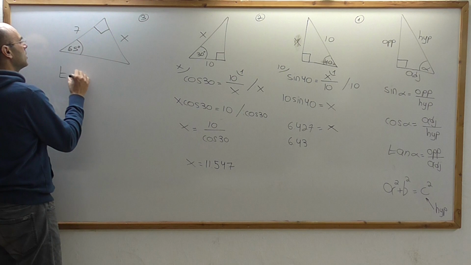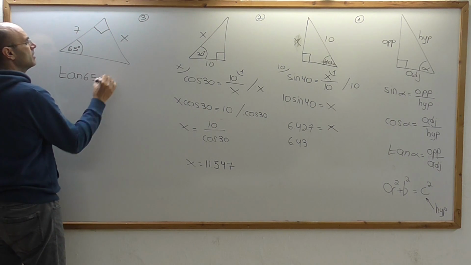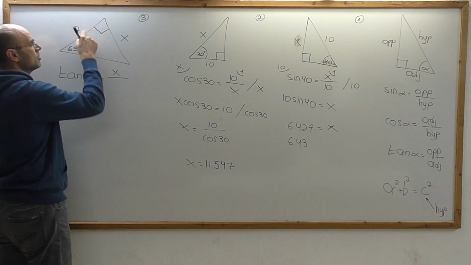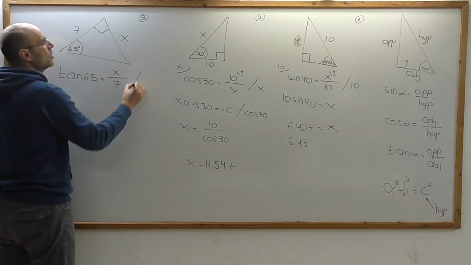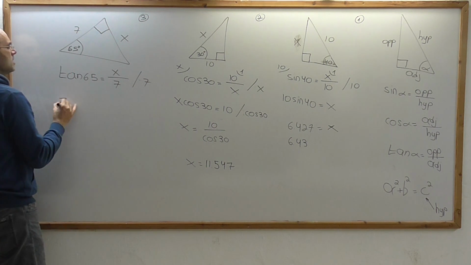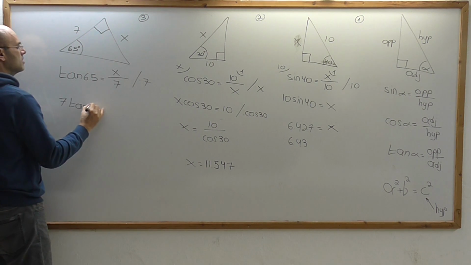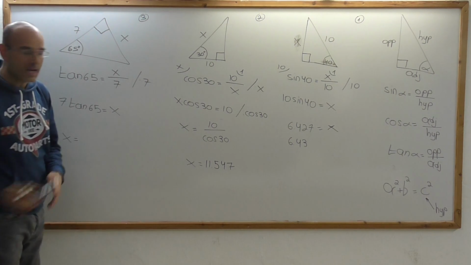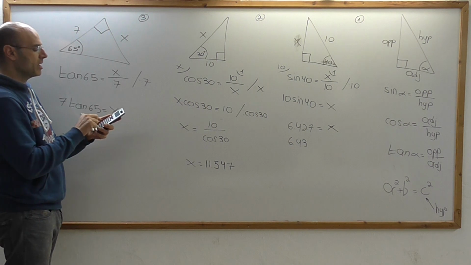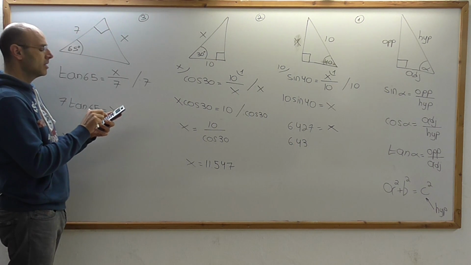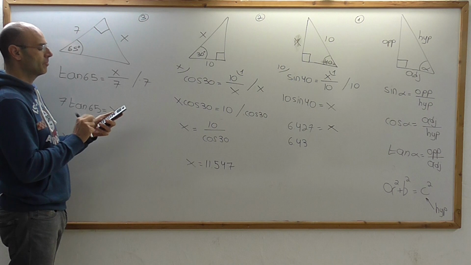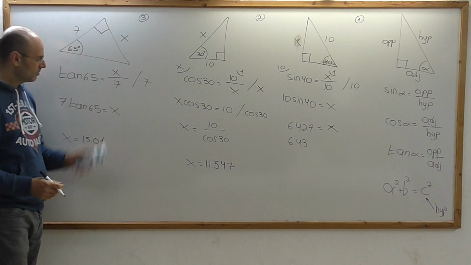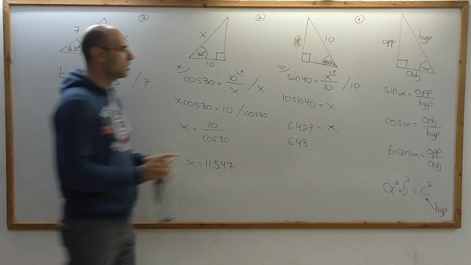So tangent 65 equals op over adj. Op is x over adj 7. We multiply by 7. 7 tangent 65 equals x. And again, we go to the calculator. We write 7 times tangent 65, which gives 15.01. Okay, let's continue.